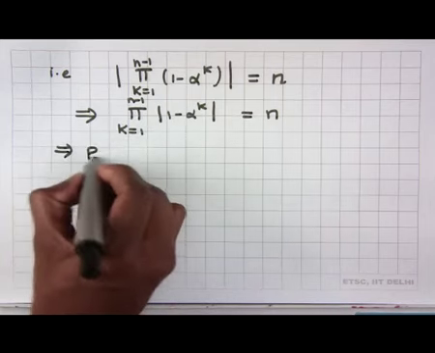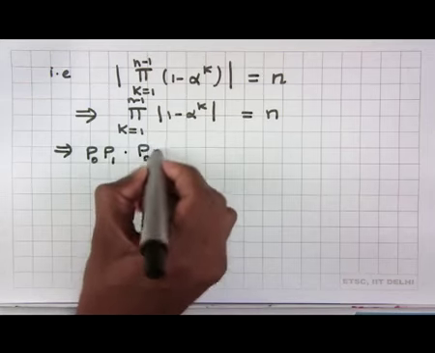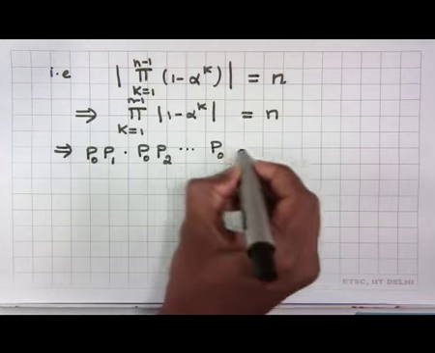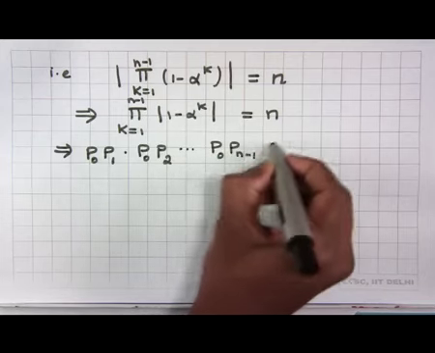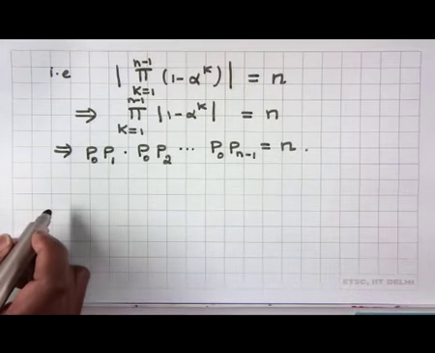This is p naught p1 product with p naught p2 till the distance between p naught to p n minus 1, we get n. So, which proves the first identity.